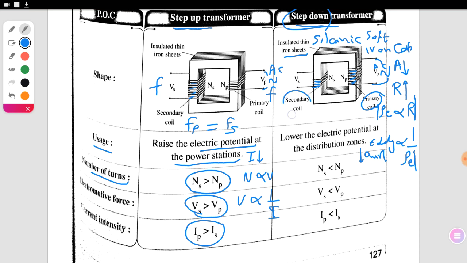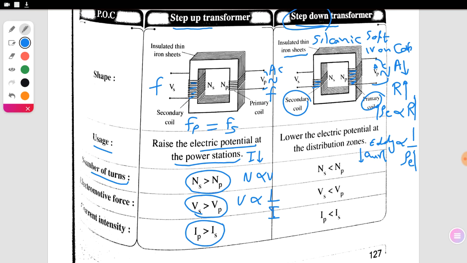The secondary coil also consists of copper, which has low resistance, because part of the energy is converted into heat energy through the primary and secondary coils. To decrease it and increase the efficiency of the transformer, we use wires made of copper.